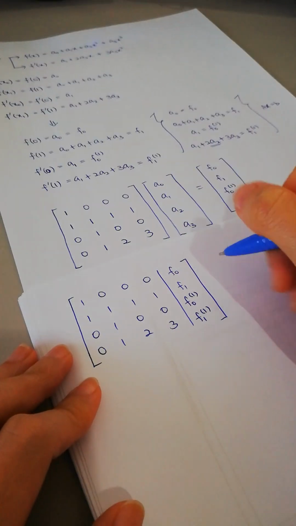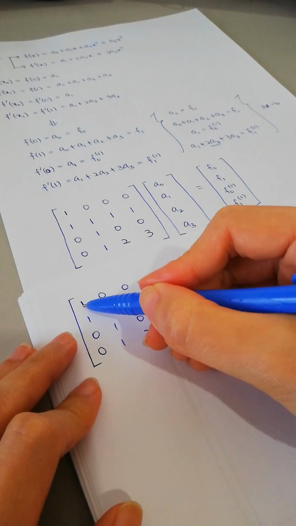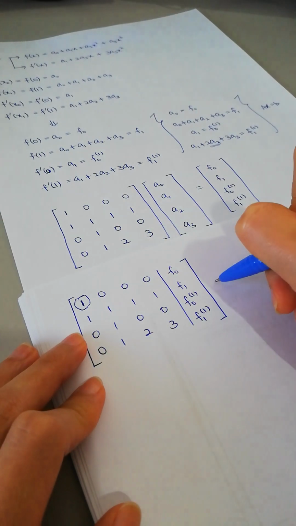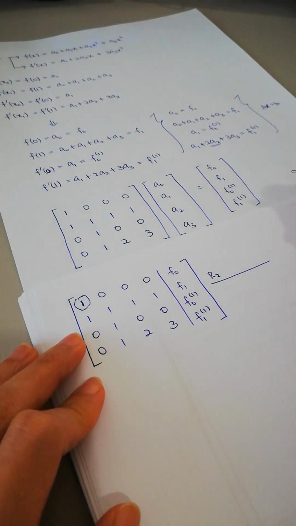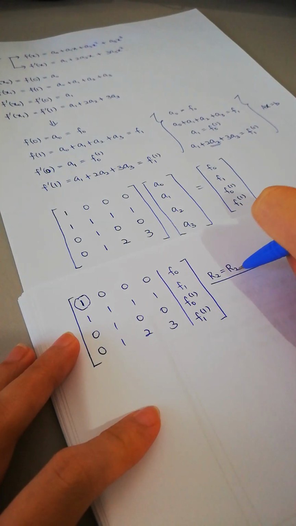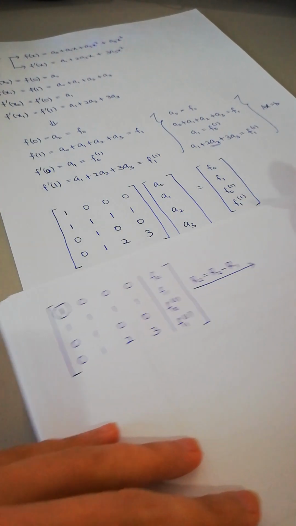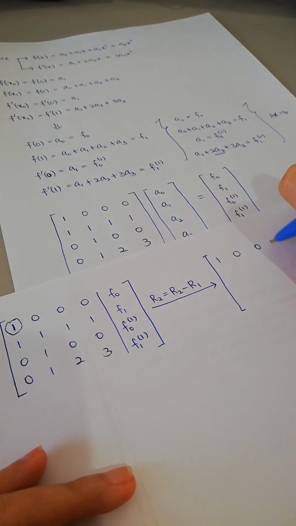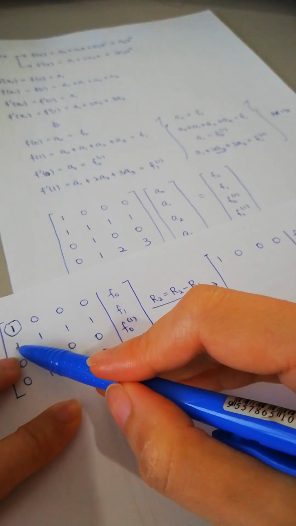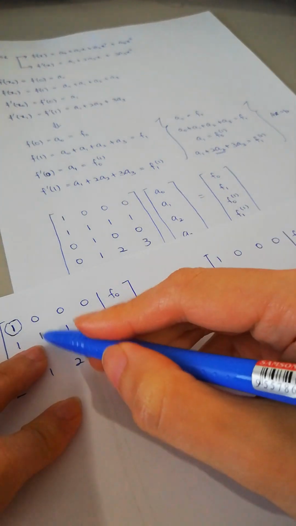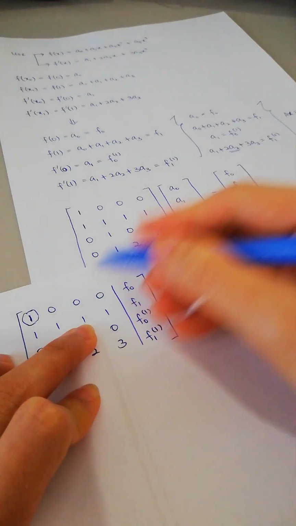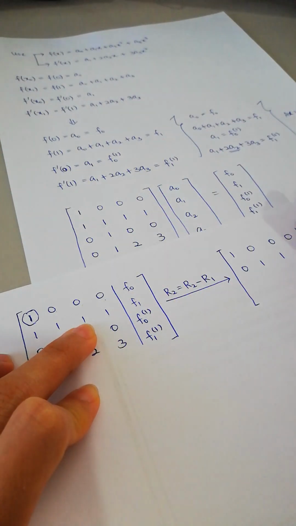For the first row operation, this is your pivot, and in order for this one to be your pivot, you need to change this one into 0. So row 2 is going to change, and the operation will be row 2 minus row 1. No change on the first row, just write it down. For the second row, 1 minus 1 gives you 0, then 1 minus 0 gives you 1, 1 minus 0 gives you 1, and 1 minus 0 gives you 1.